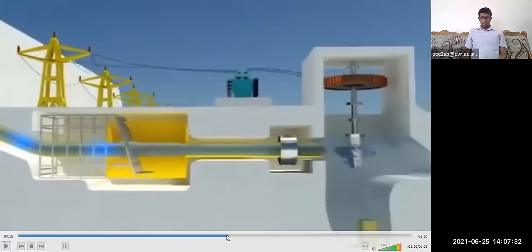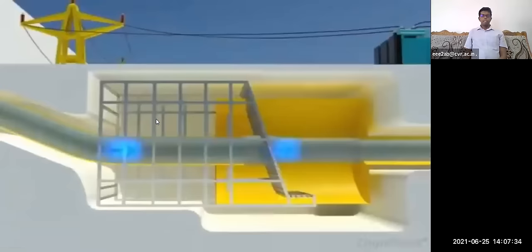So exactly this trash rack you'll be finding in many of the dams. If you go inside the power plant, in some dams you can see this trash rack, a very big structure. Some debris, stones, and plastic waste might be there in the dam, and some sand or mud.